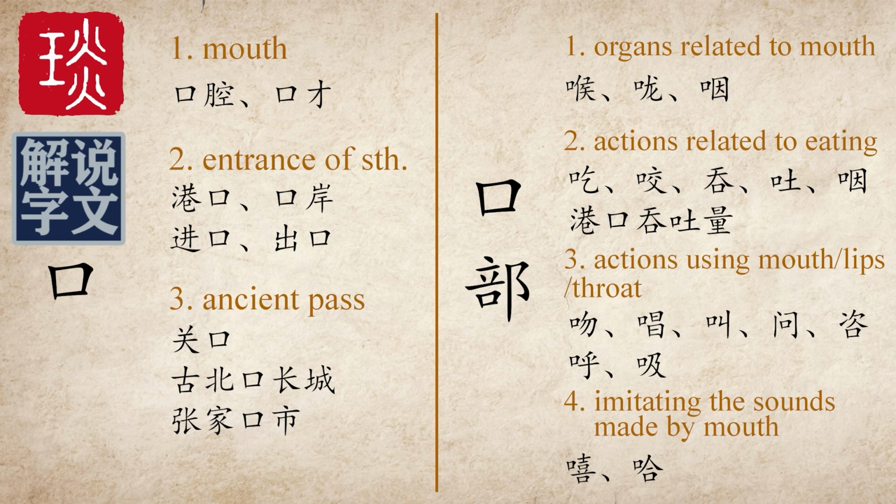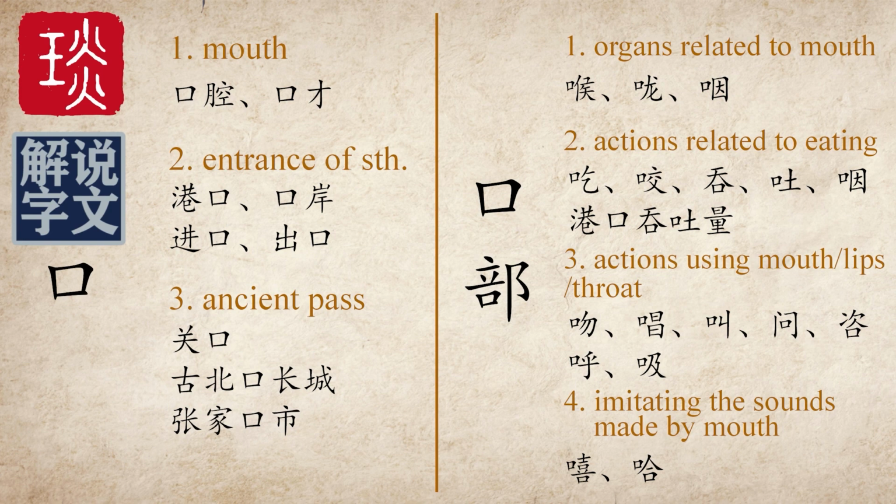Then we learned 4 categories of characters with 口 as radical. Organs related to 口: 喉, 咽. Characters related to eating: 吃, 咬, 吞, 吐, 咽. 港口吞吐量.